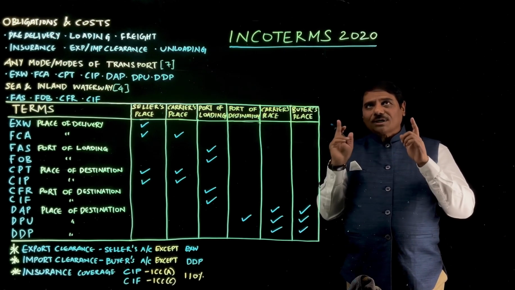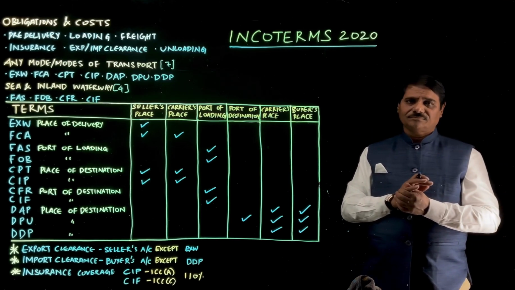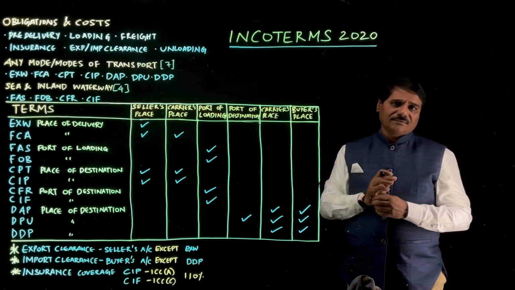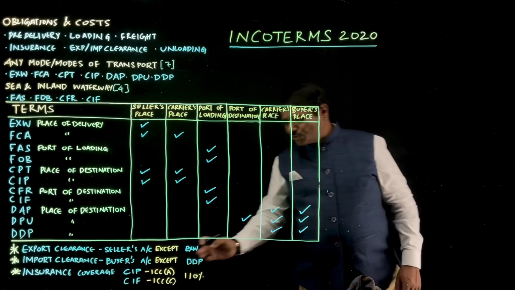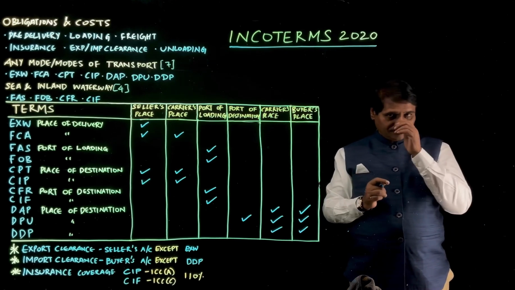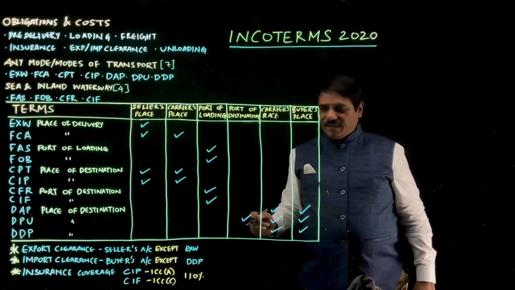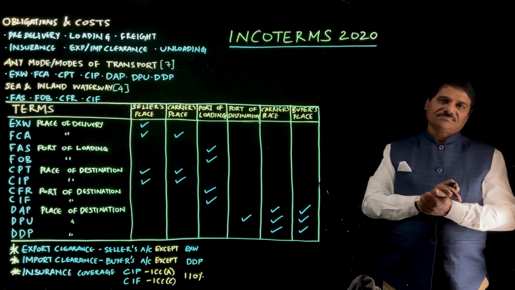But as far as Incoterms 2020 is concerned, for CIP, you need to cover Institute Cargo Clauses A, that is higher risk. And in case of CIF, it is Institute Cargo Clauses C, that is the lower coverage.